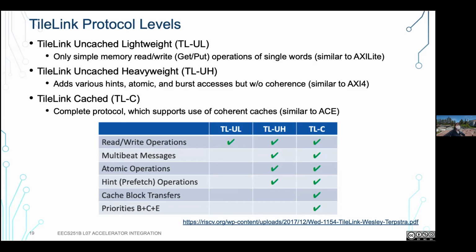Drawing the AXI analogy again, this is more like ACE, the AXI Coherence Extension. This one has additional traffic to propagate the coherence messages. It guarantees that stale data is properly updated if there are multiple writers. So this is the most complex one. I spent a lot of time trying to find an accelerator using TL-C.